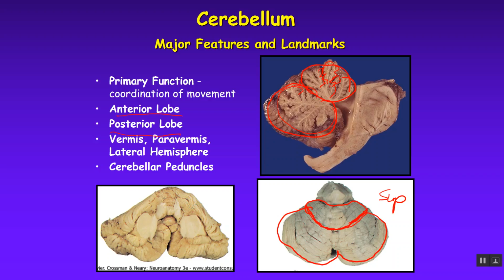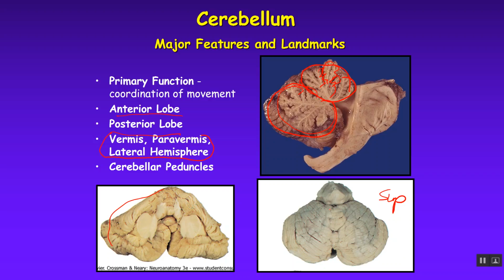The thing you do see from this anterior view here, or posterior or superior view, is you can identify what's called the vermis, paravermis, and lateral hemispheres. So in a superior, posterior, or even anterior view, you can divide it into these longitudinal sections.